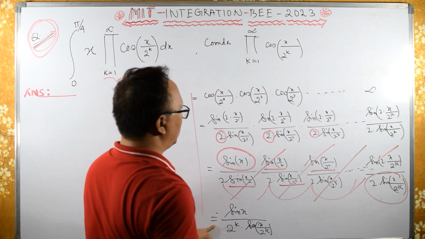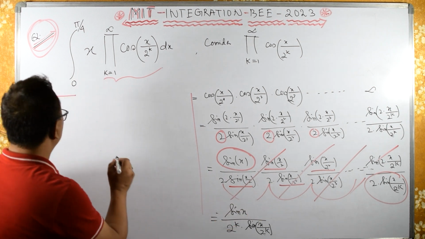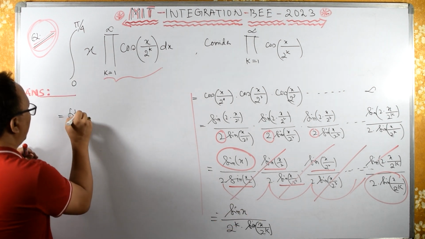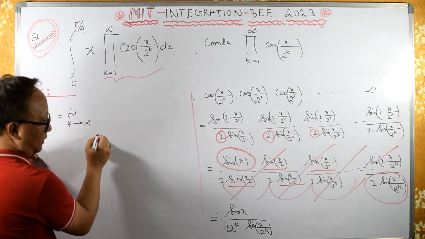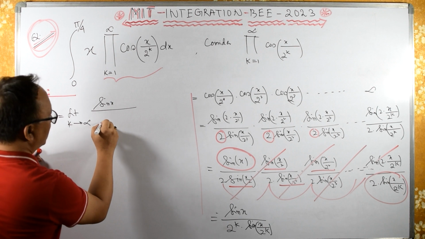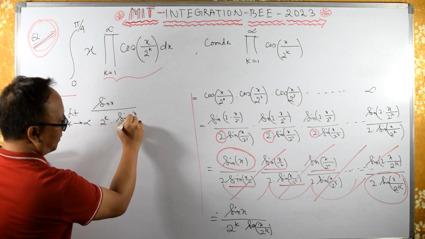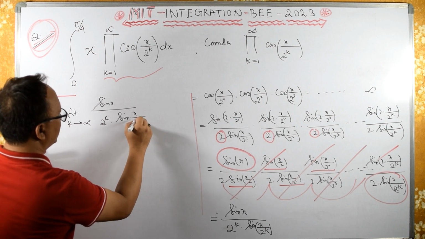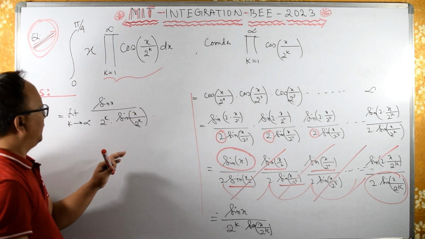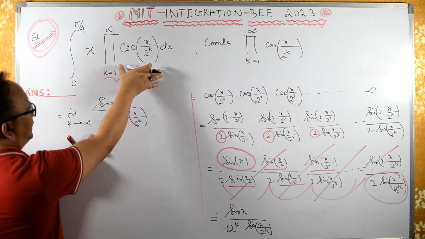So this k should tend to infinity. Therefore, the limit as k tends to infinity of sin(x/2^k) into 1/2^k... So we need to solve this. This is just this part, right?